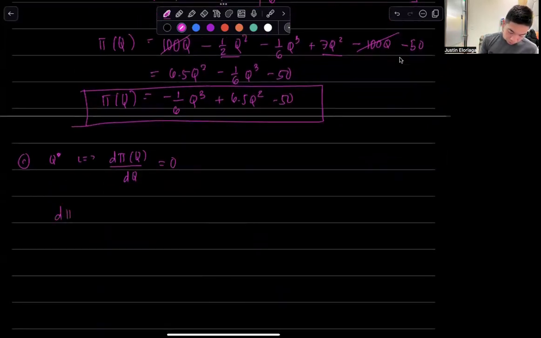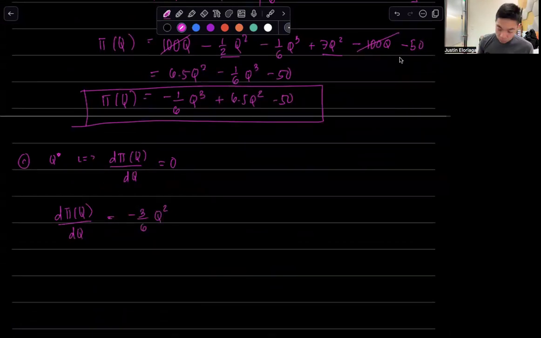Taking the derivative, by the power rule, we get minus 3 over 6 Q squared, plus 2 times 6.5, that's 13Q, and the 50 goes away because there's no Q there.